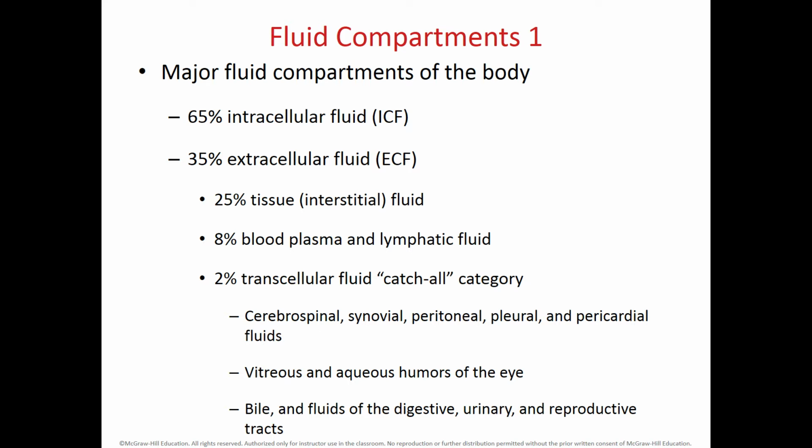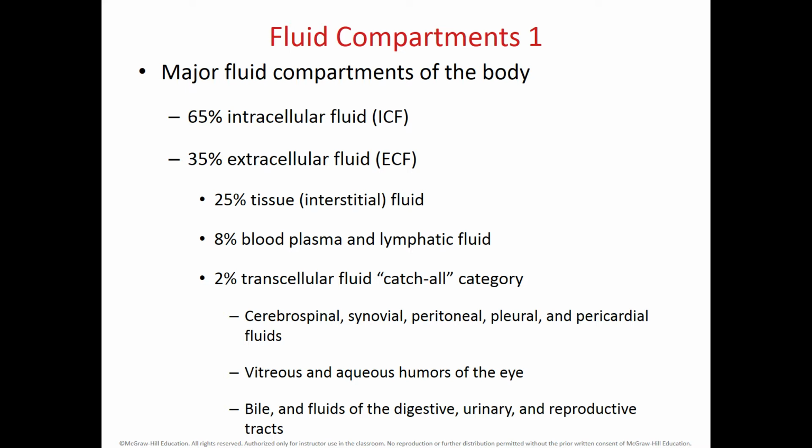Now, the fluids in our body are located in different compartments, and we have a major subdivision of these compartments, which will be the intracellular fluid, or ICF, and the extracellular fluid, or ECF. So total body water will be the equivalent of summing up the water in the ECF plus the water in the ICF.